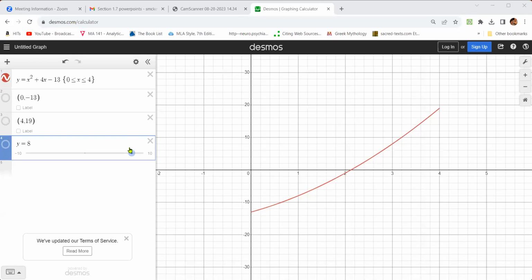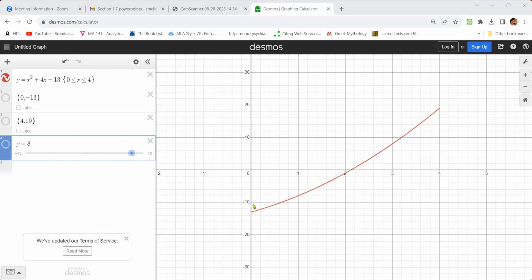Now, why did I restrict it from 0 to 4? Because the problem said that we were in the interval from 0 to 4, remember? So I restricted the interval so you could see it. This is the interval from 0 to 4.